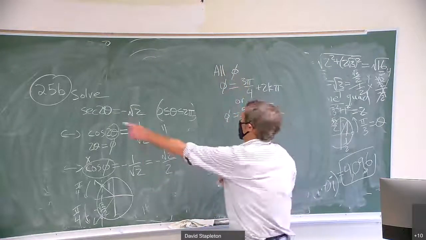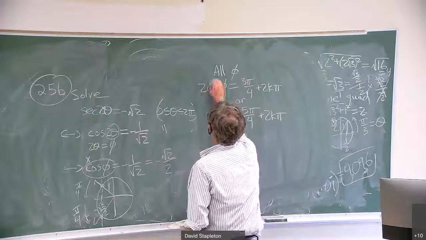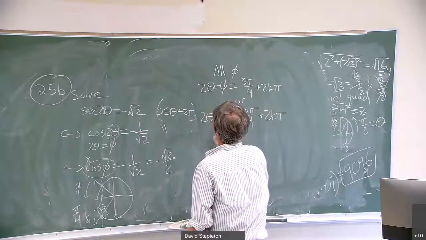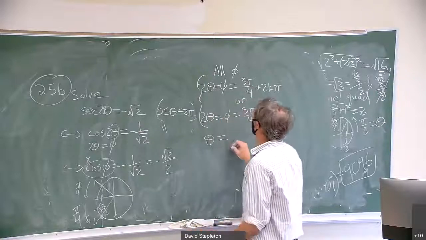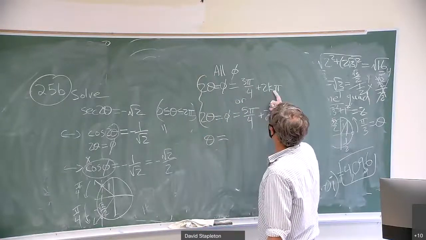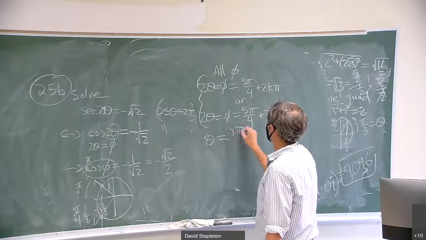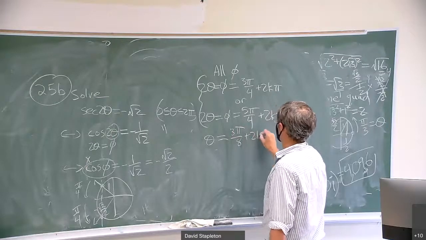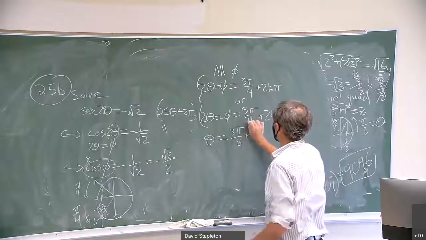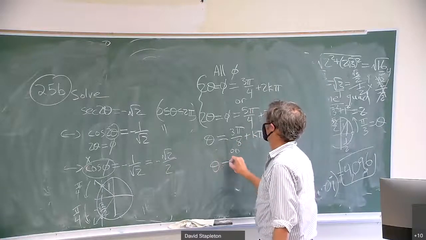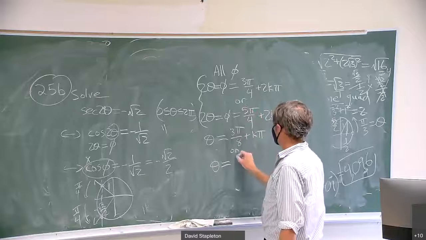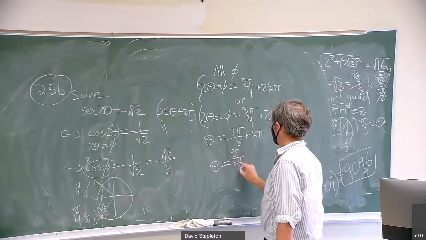I want theta. 2 theta is equal to phi. So I divide the first one by 2: theta is 3 pi over 8 plus k pi. Or theta equals 5 pi over 8 plus k pi.